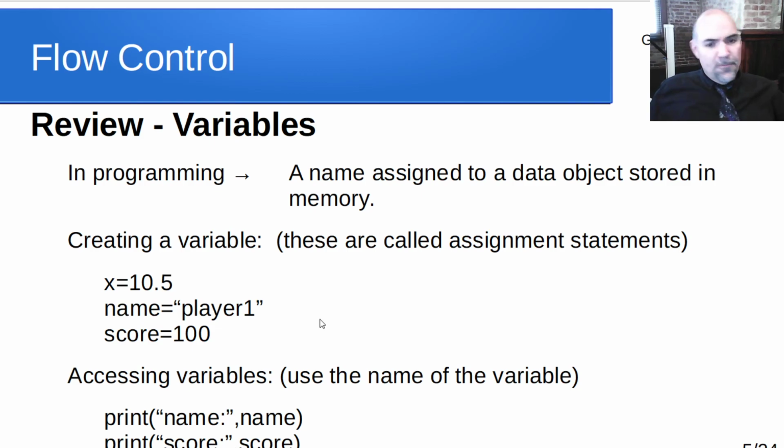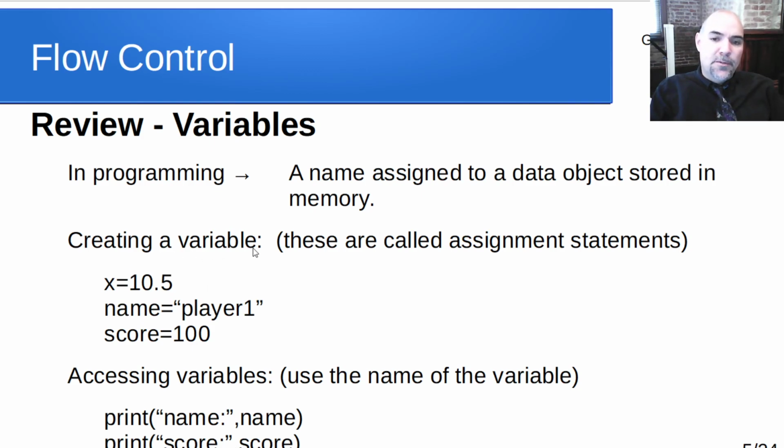And one final thing we saw last time was this concept of variables, which in programming is really a name that's assigned to some data object that's stored in memory. It allows us to take advantage of the computer's ability to remember things for us or store things in the memory. Remember, that was an important part of the computer system, that giant array of memory locations or bytes. This allows us to take advantage of that.